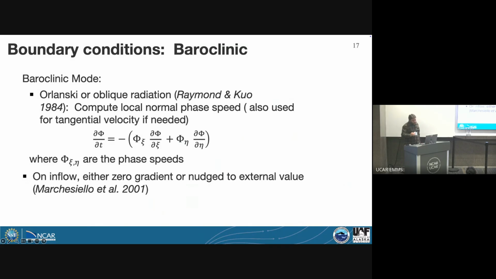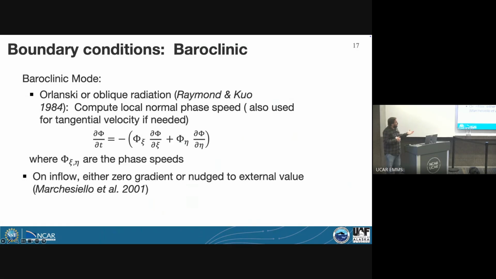But you're stuck with an under-prescribed issue for material that comes inside the model. When those phase speeds are coming in, how do you pass that information inside? That's why Patrick Marchesiello and the UCLA ROMS folks introduced this nudging idea, where essentially you strongly nudge to the quantity that you get from your open boundary condition when the flow is coming inside.